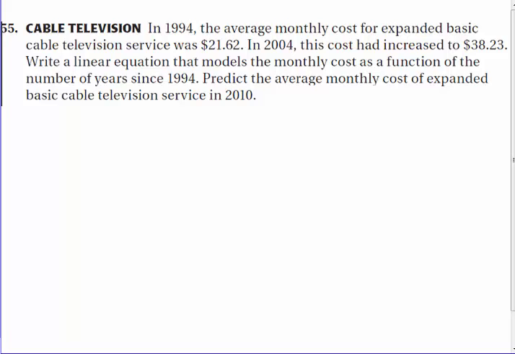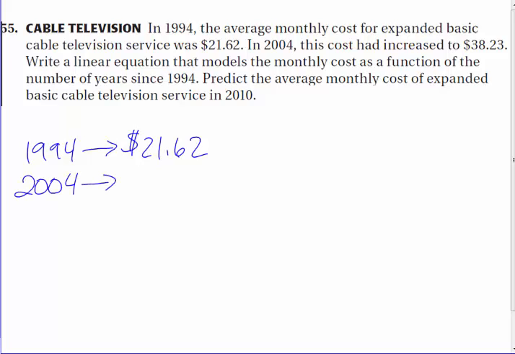So let's see, in 1994, the average monthly cost for expanded basic cable, $21.62. So 1994, $21.62. 2004, $38.23. Okay, we want to write an equation. This expression is important. As a function of.